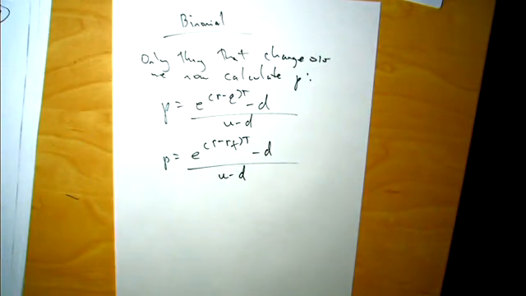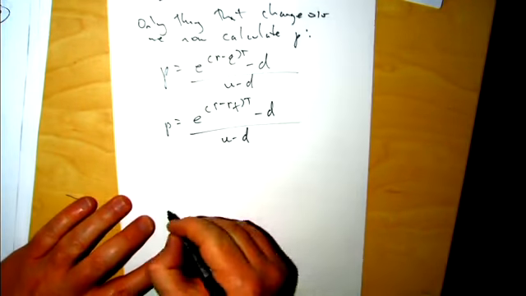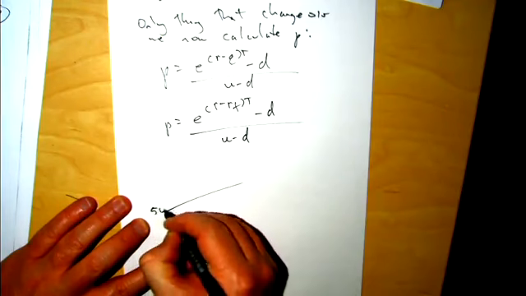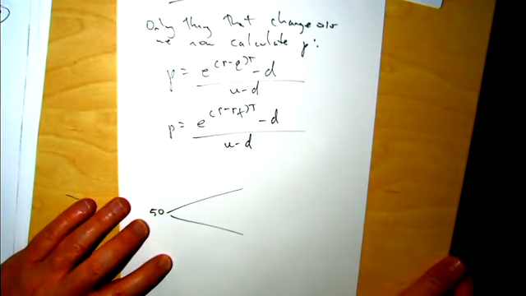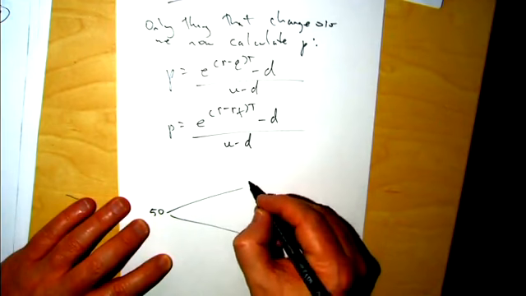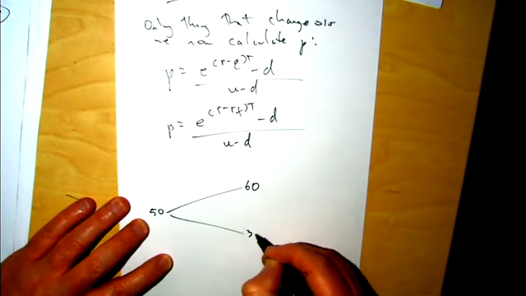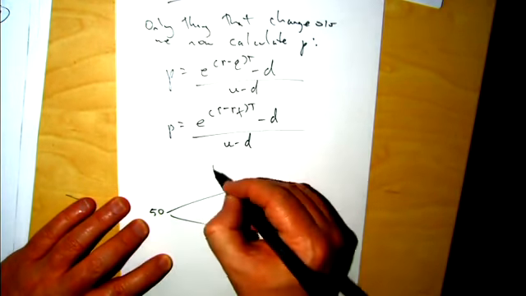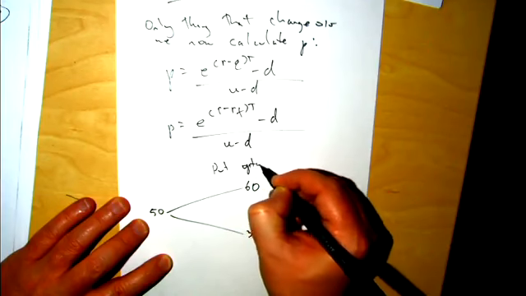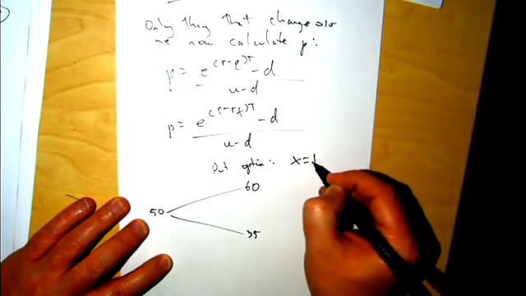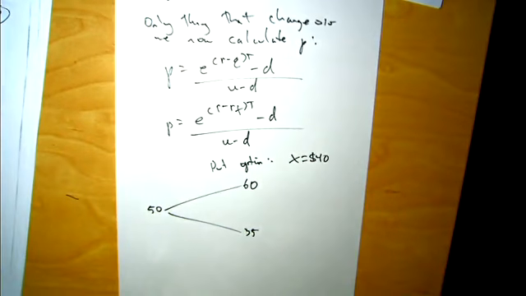So for this particular question, if we draw our tree diagram, we started at a price of 50, and we could go up to 60, or we could go down to 35. It was a put option, and the exercise price was $40. So because it's a put option, you've got the right to sell for $40, but you're not obligated to do so.